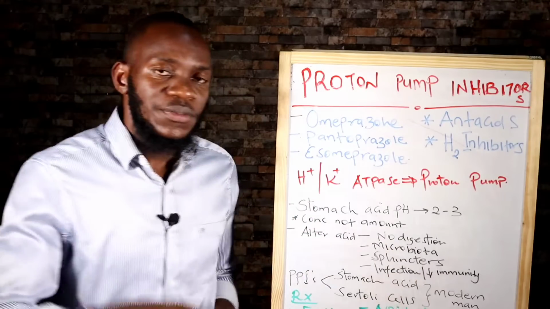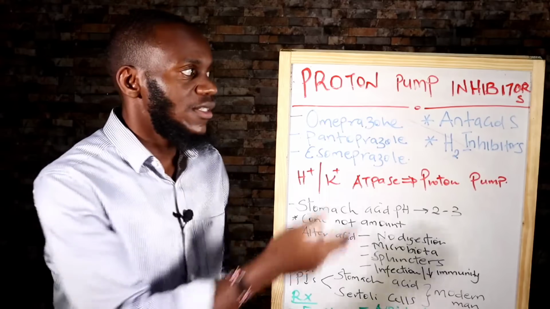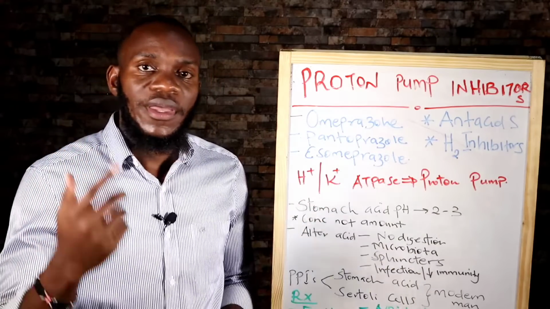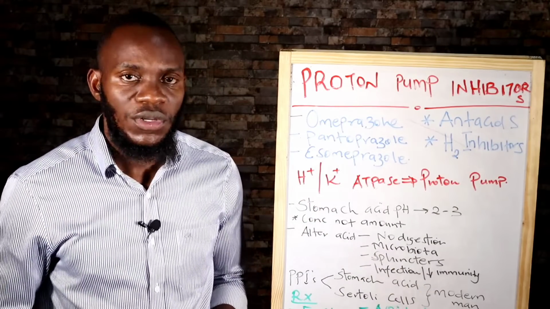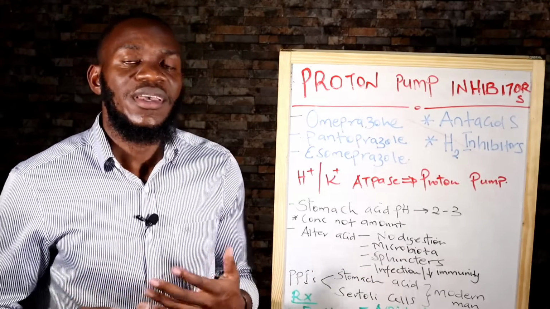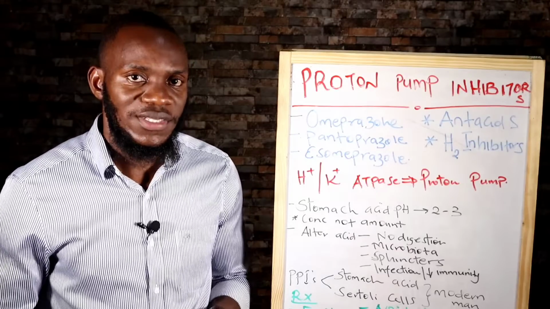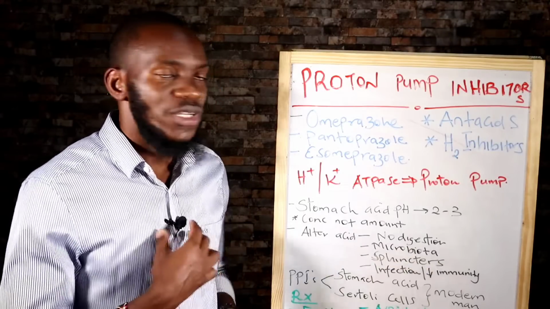Once you start messing with the stomach environment with drugs like antacids, these proton pump inhibitors, and even foods, alcohol, and sugar, because these drugs either reduce the amount of acid in the stomach or neutralize it, you loosen up the sphincter.